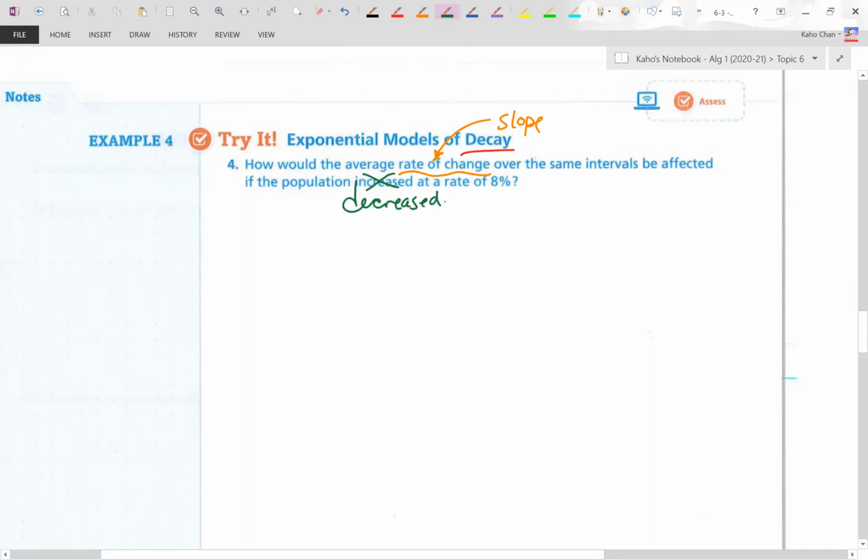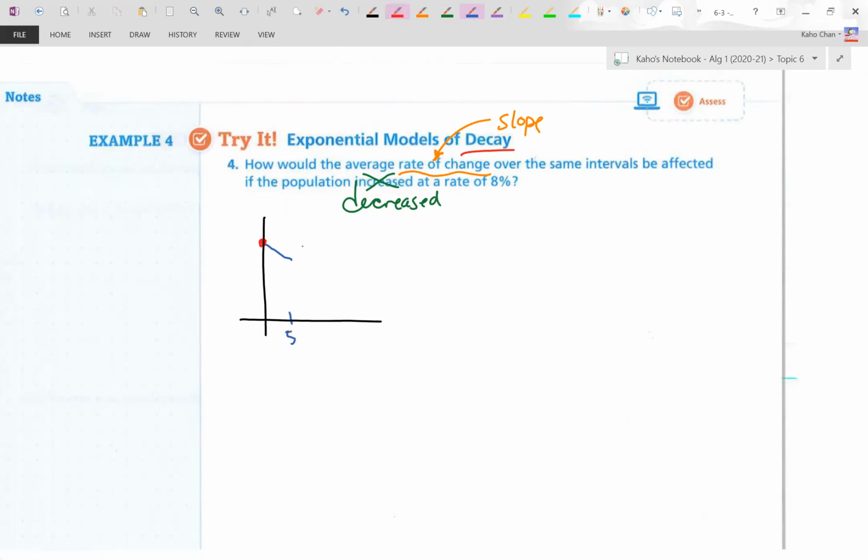Eventually this town is going to be a ghost town. Now initially, you start with a certain amount, right? And you lose 8%, it's going to go like this probably. Boom. Let's just say 5 years, right? You lose 8%, fine. This is your population here.